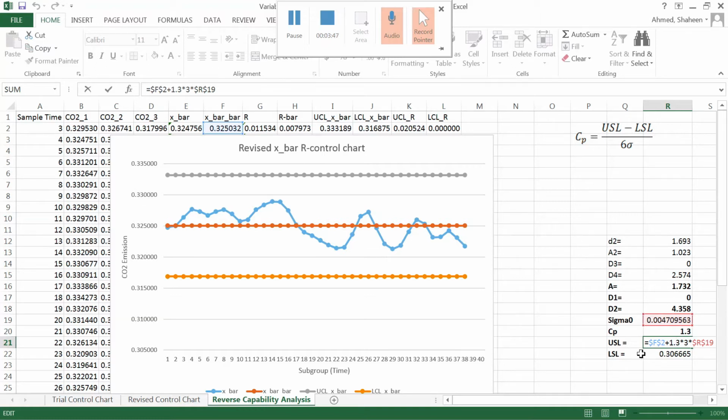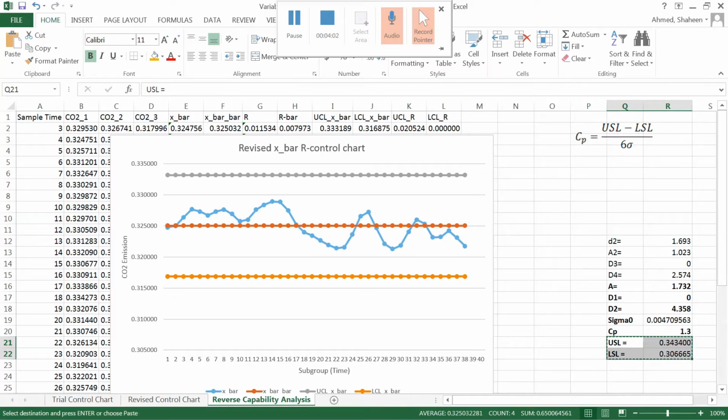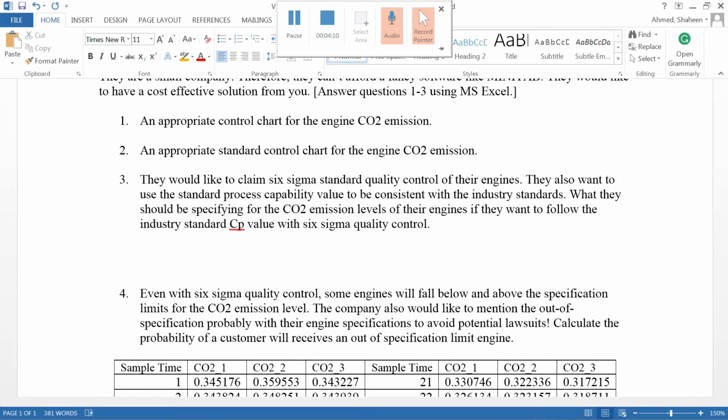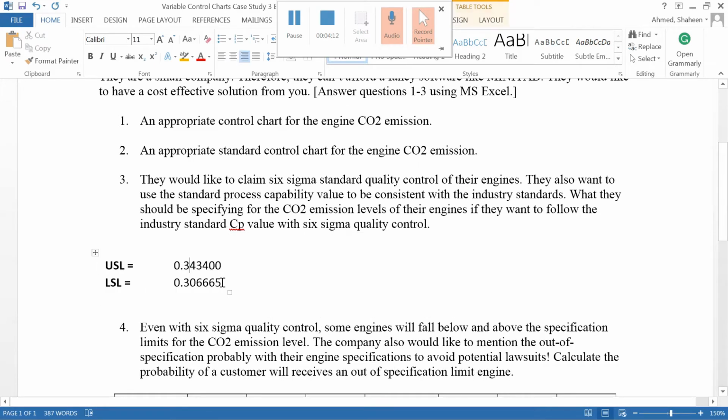So after doing all this analysis, I have assumed that 1.3 is the standard Cp value they should be specifying for their engine. So this is the upper spec and lower spec for their engine. The answer to this question would be this. This is what they should be specifying in their engine.